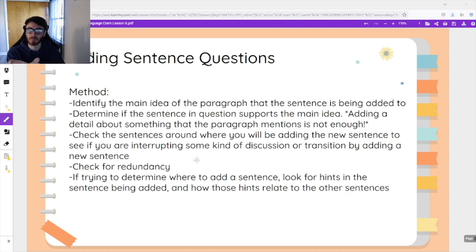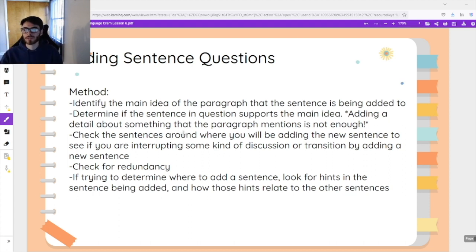Because the for example is important in connecting those two sentences together. So you always want to make sure that the place that you're adding a sentence makes sense logically with the transitions and the relationships that are already in the paragraph.